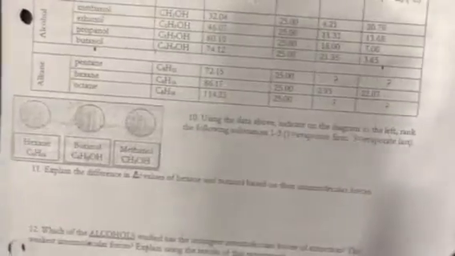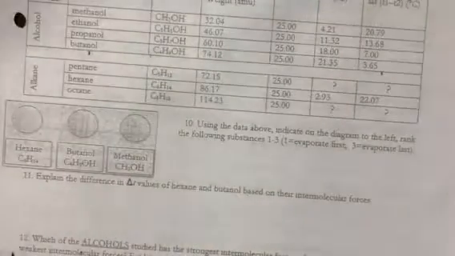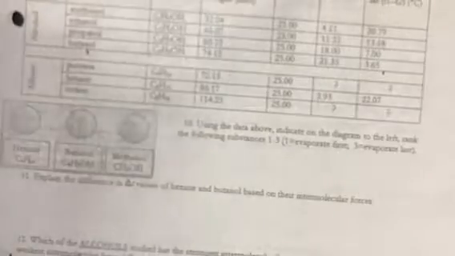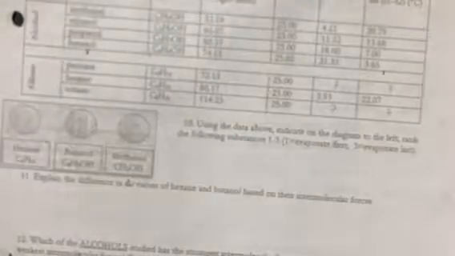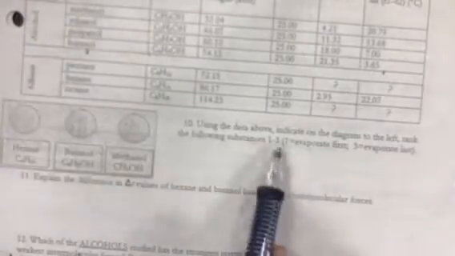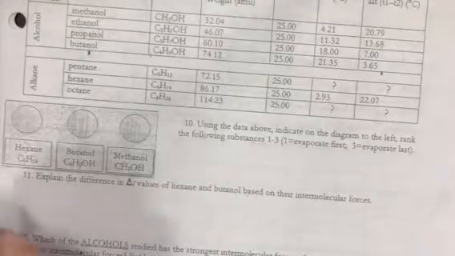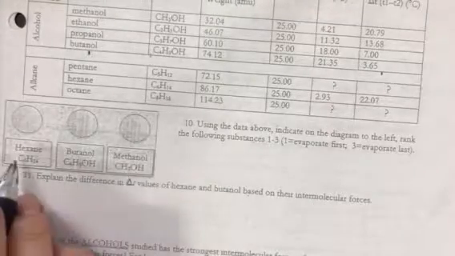Number 10 is actually going to be the one that really helps you, looking back at what we had: hexane, butanol, and methanol. Looking at the data that we have, remembering that little demo. Using the data above, indicate on the diagram on the left, rank the following substances from 1 to 3. 1 is evaporate first, 3 is evaporate last. So we've got hexane, butanol, and methanol.